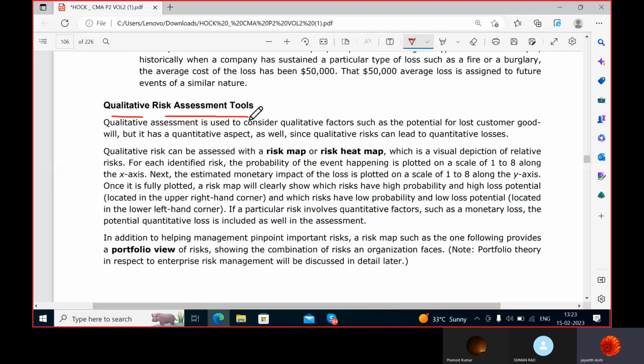If I tell you there is a boy who is very clever, who is intelligent, these are the qualities he has. How clever he is, I have no mechanism to measure, or his intelligence, I cannot measure.